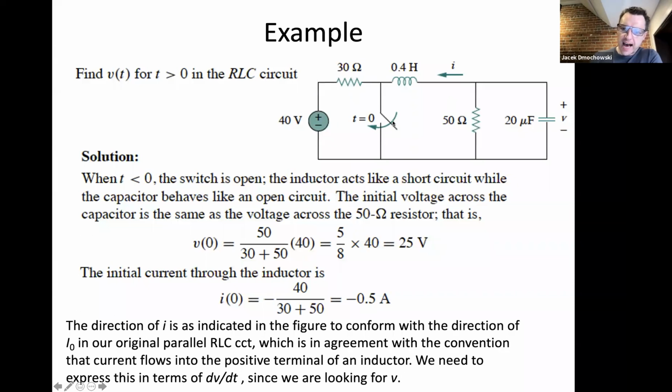Well, if you notice that after time equals 0, this switch goes from the open position to the closed position. I'm going to talk about this now because this has caused a ton of confusion. What happens? I'm going to draw this circuit out.